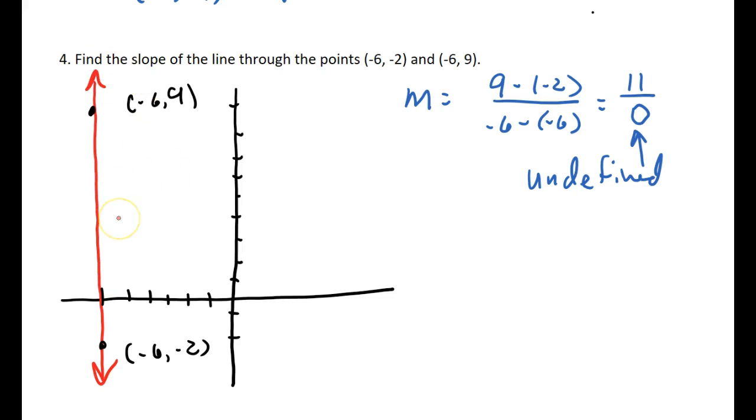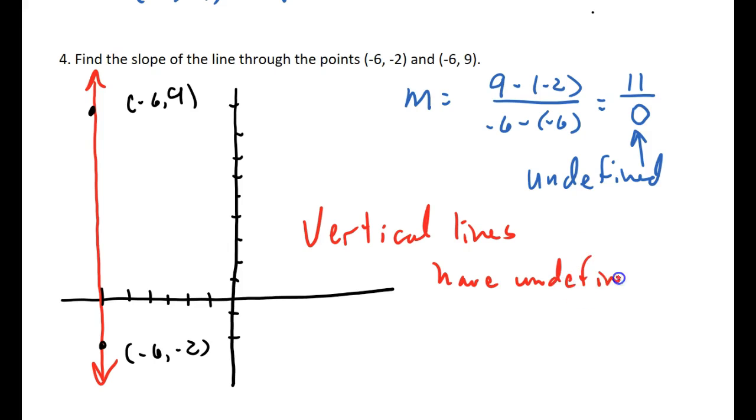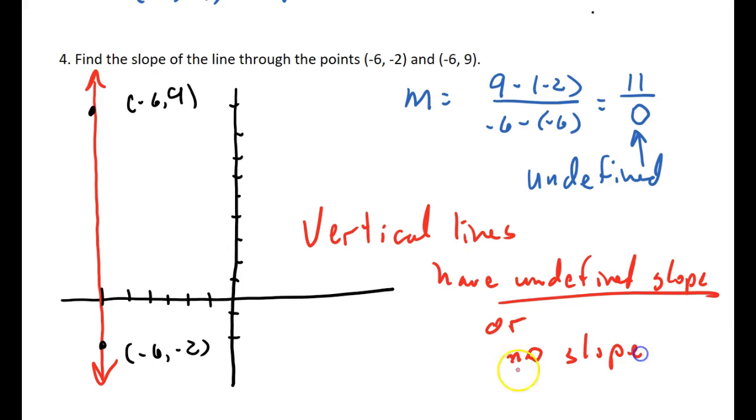We get a vertical line. Every value on that line, every x value on that line is negative 6. So vertical lines have undefined slope or no slope. Okay, that's when the denominator is 0.